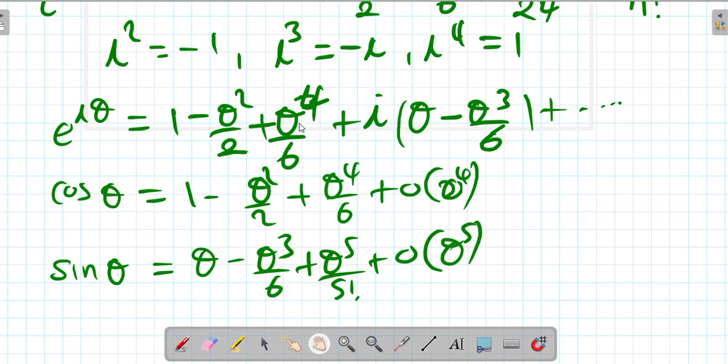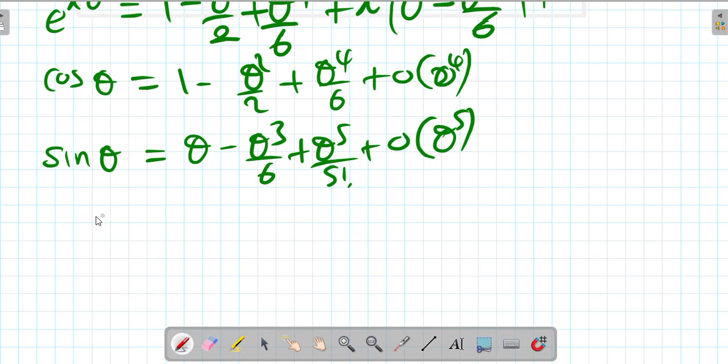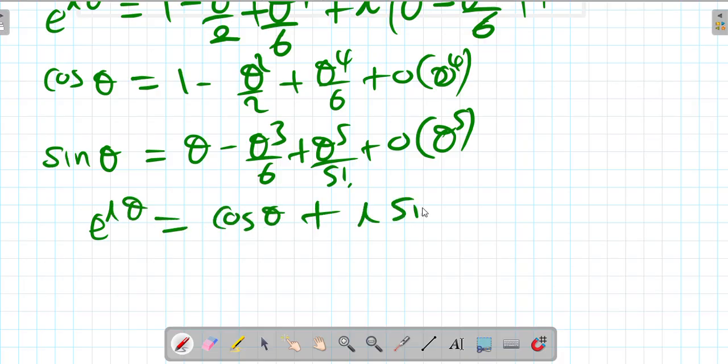From this we can determine that the real part is cos theta and the imaginary part is sin theta. Therefore, e to the i theta is given by cos theta plus i sin theta, respectively. Hence, proved.